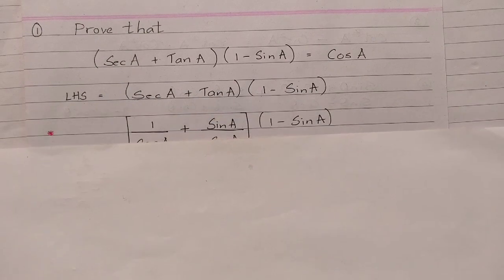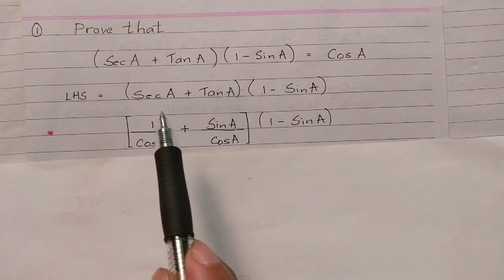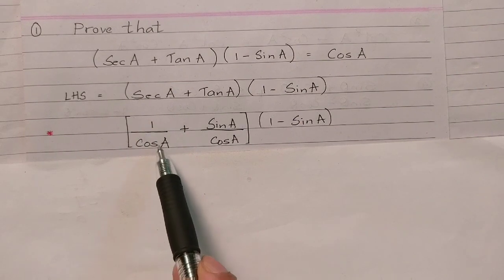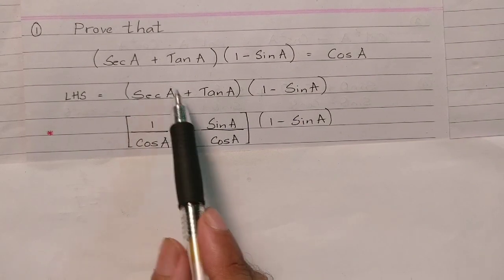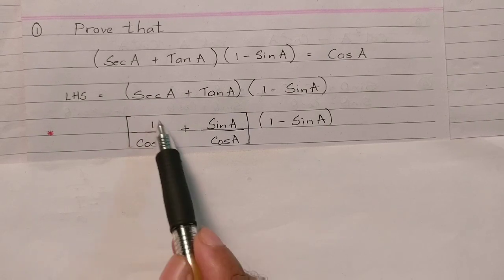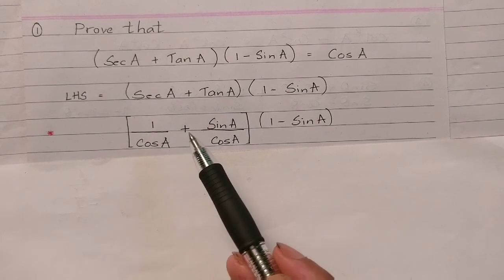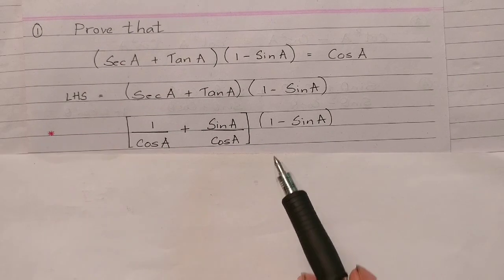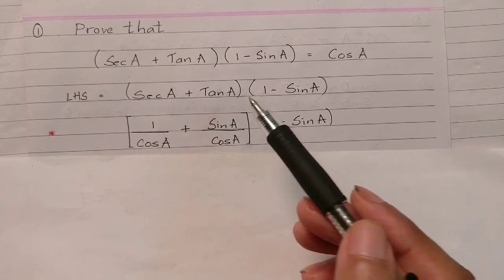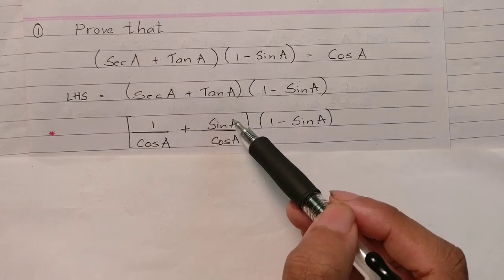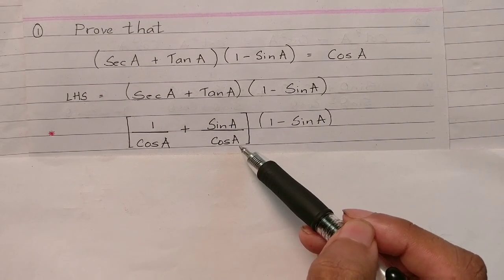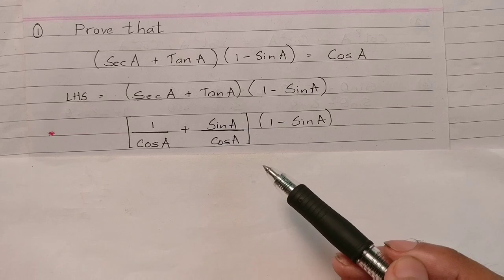So sec A will become 1 upon cos A, because sec A's reciprocal function is 1 upon cos A, plus tan A can be written as sine A upon cos A. The rest is written as it is.